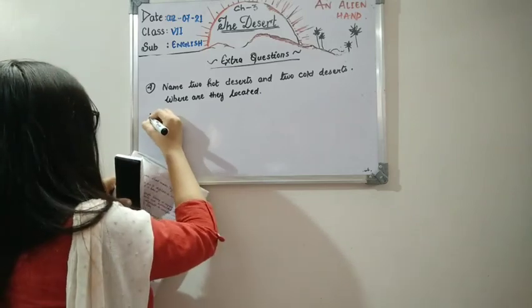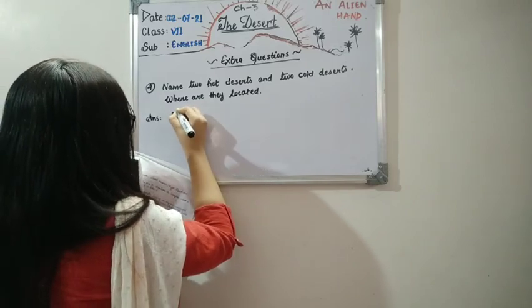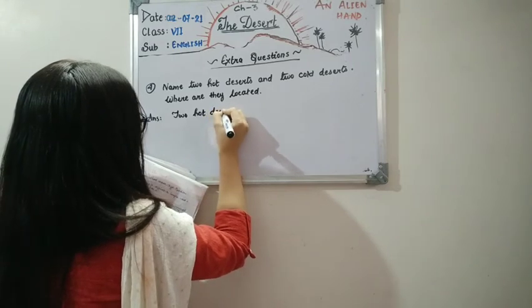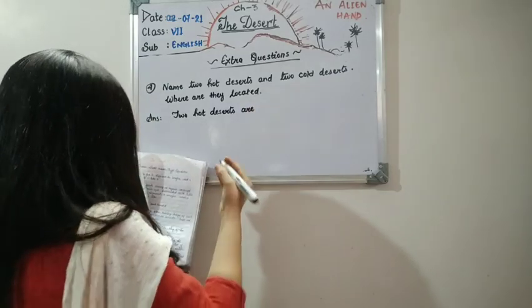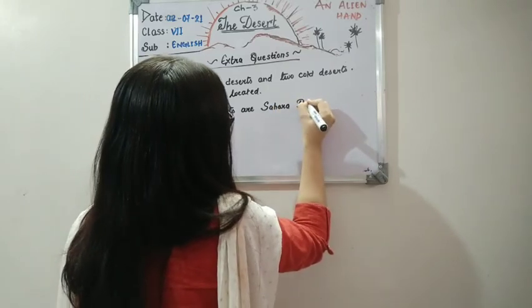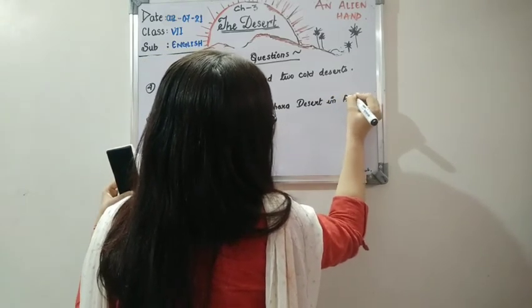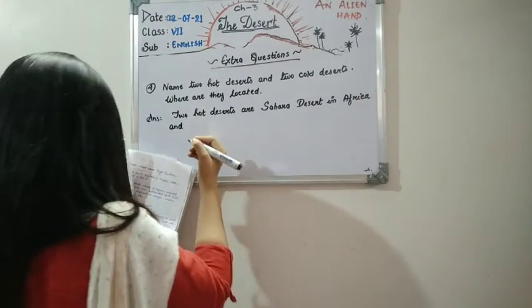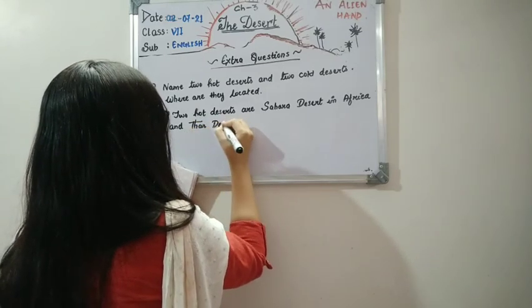So let's write down the answer. 2 hot deserts are Sahara Desert in Africa and Thar Desert in Asia.